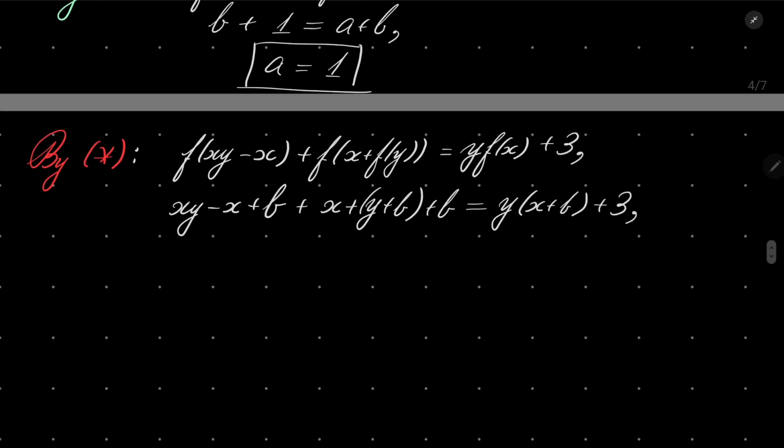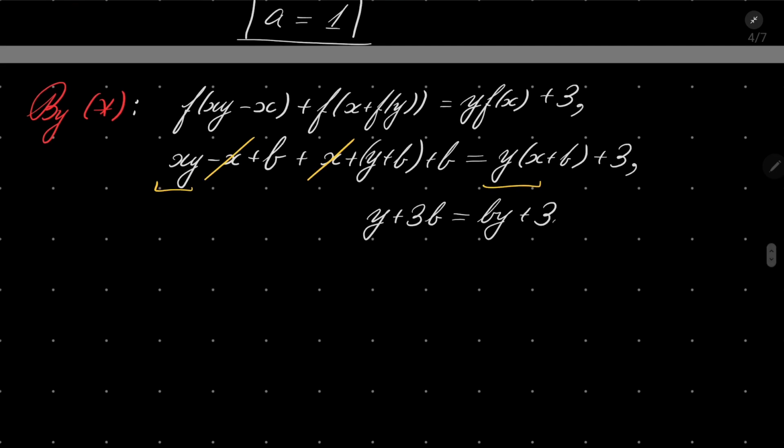And now let's simplify. We have xy minus x. Minus x plus x is gone. Here we have xy and here we have xy, so that's gone as well. So we are left with, on the left hand side, y plus 3 times b, and on the right hand side we have by plus 3, and that can be only true for every y.